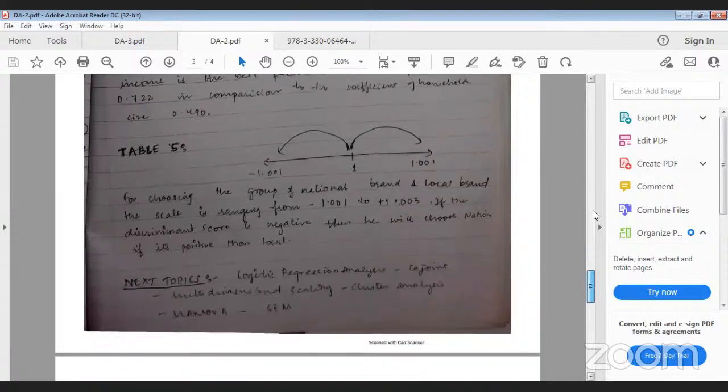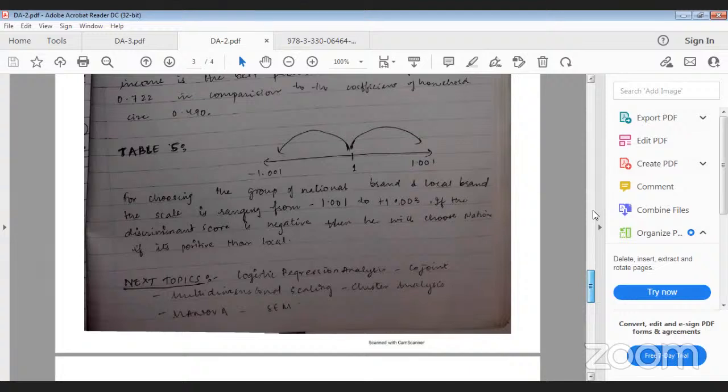The next table 5. For choosing the group of national brand or local brand, you have to go for the scale ranging from -1.001 to +1.003. In table 5, you'll get one value, minus 1.001 and 1.003 or whatever.